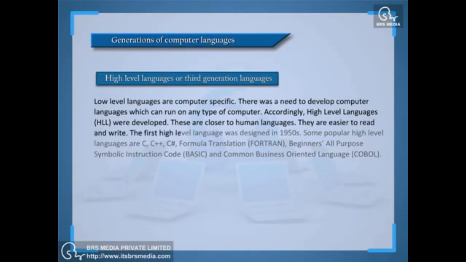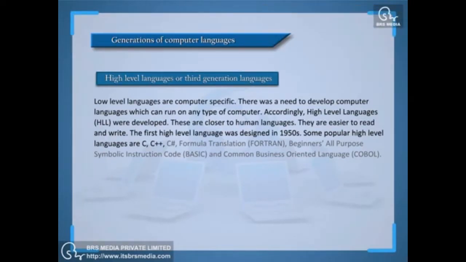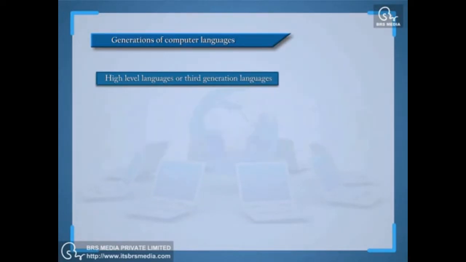The first high-level language was designed in the 1950s. Some popular high-level languages are C, C++, C#, Formula Translation, Fortran, Beginner's All-Purpose Symbolic Instruction Code, BASIC, and Common Business-Oriented Language, COBOL.